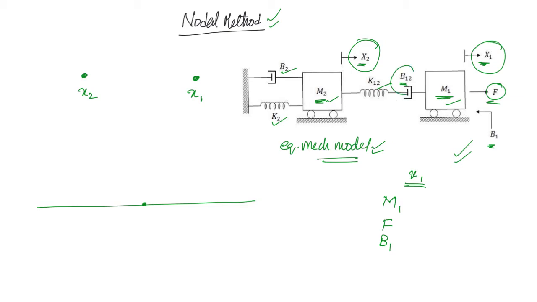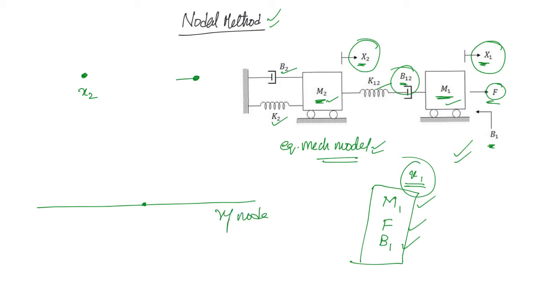Now b12 we will discuss later. If you consider only m1, F and b1, they are acting only on the mass m1, so they are associated only with the displacement x1. So these elements have to be connected from the node x1 to the reference node.